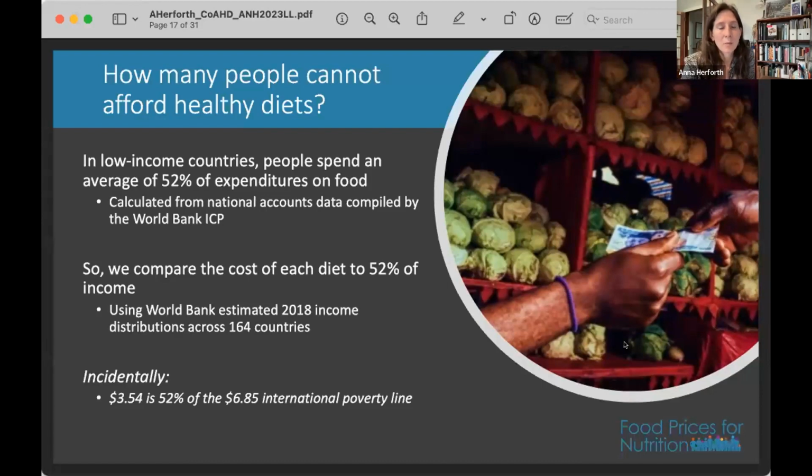And we use data from the World Bank to do that. And it's interesting to note that the $2.15 is an extreme poverty line. There's also a higher international poverty line, and the cost of a healthy diet that we found globally is actually about 52% of that higher line, which is interesting to see, although that wasn't part of the methodology.